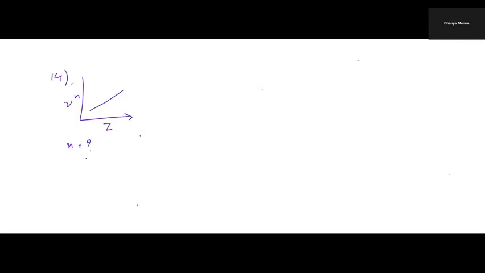Now we know the energy is given by h nu, where nu is the frequency. And the energy of the nth orbital of hydrogen-like atoms is 13.6 Z square by n square electron volts. If I equate the two energies, h nu is equal to 13.6 Z square by n square.